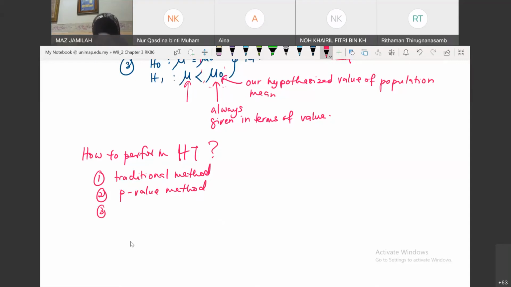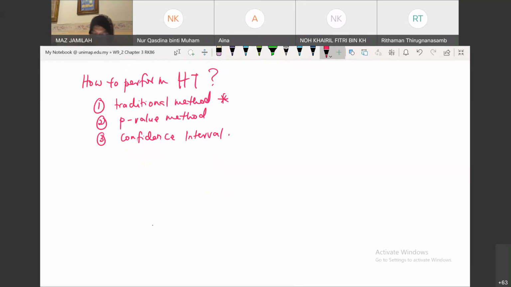You can also make a decision for your hypothesis testing using your confidence interval, but there will be certain conditions for this, which you will see later. Now let's move to how we can do hypothesis testing using the traditional method.